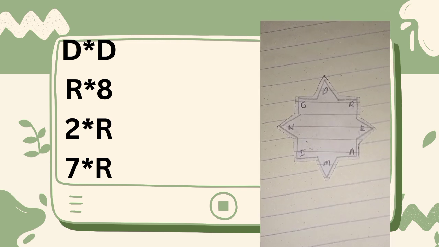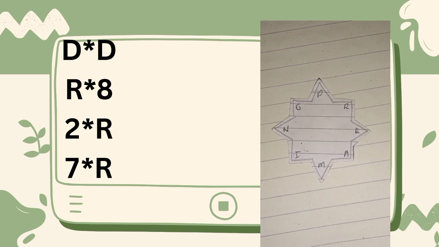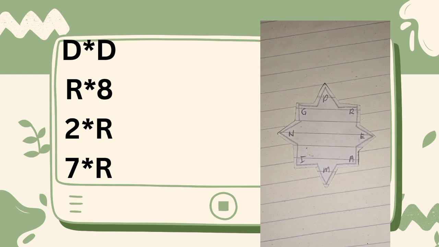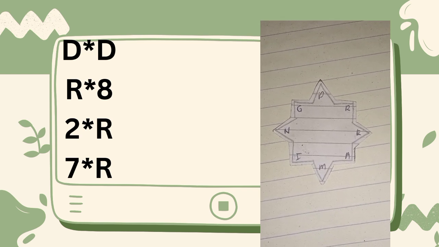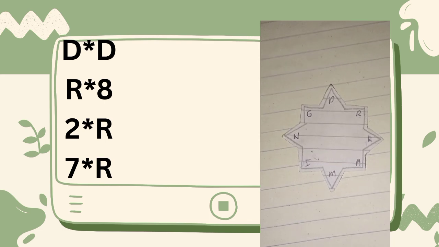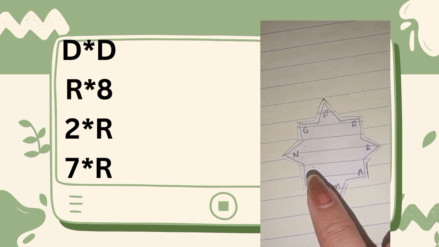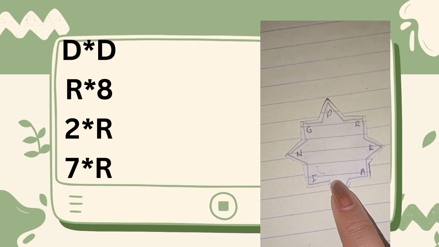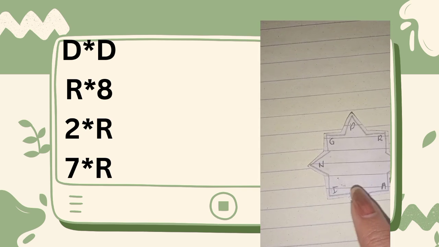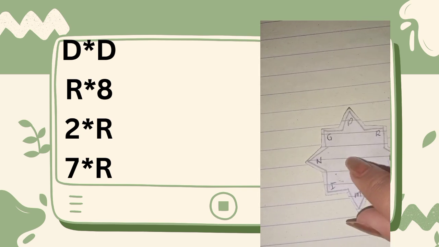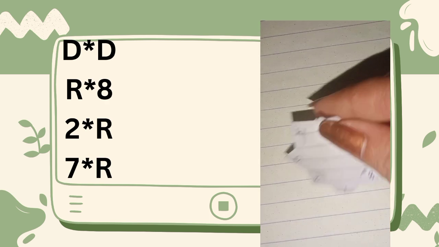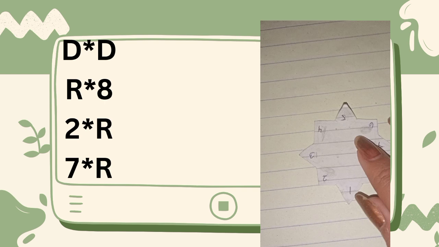So we have 7 star R. 7 stands for flip horizontal and rotate 135 degrees. So we will flip it horizontally first. So here's the horizontal, we will flip it here.